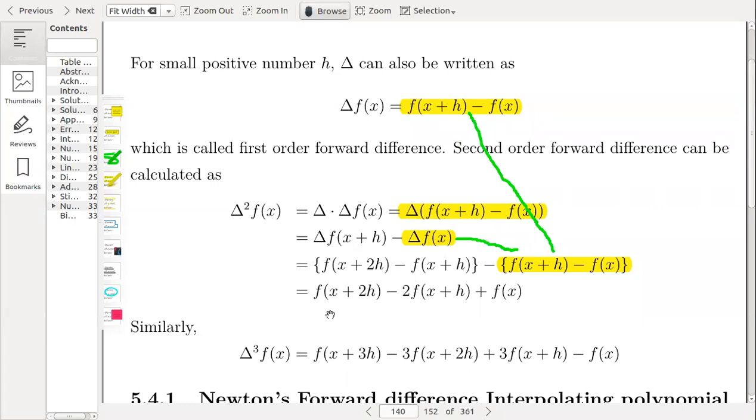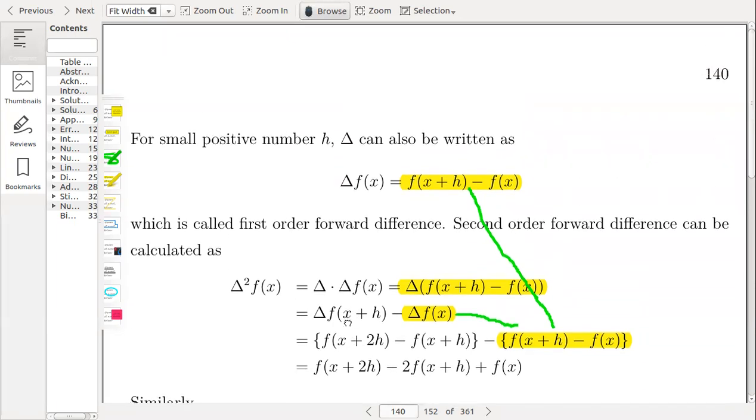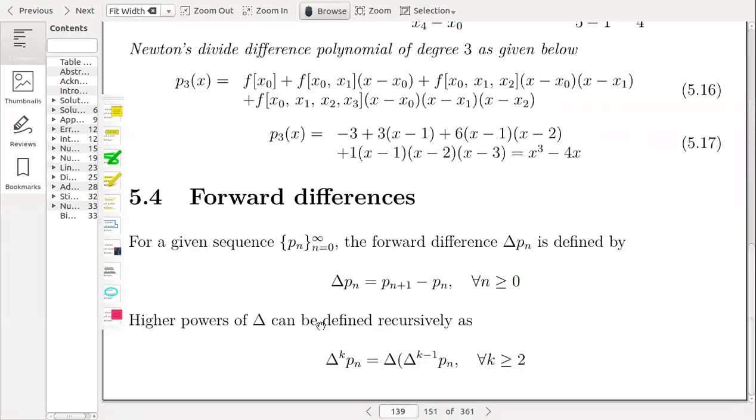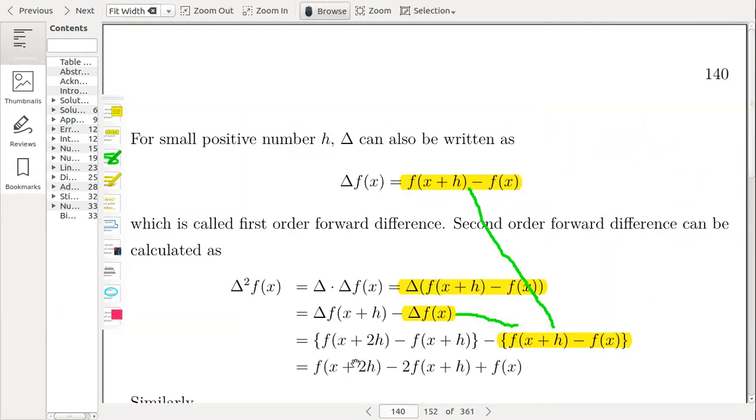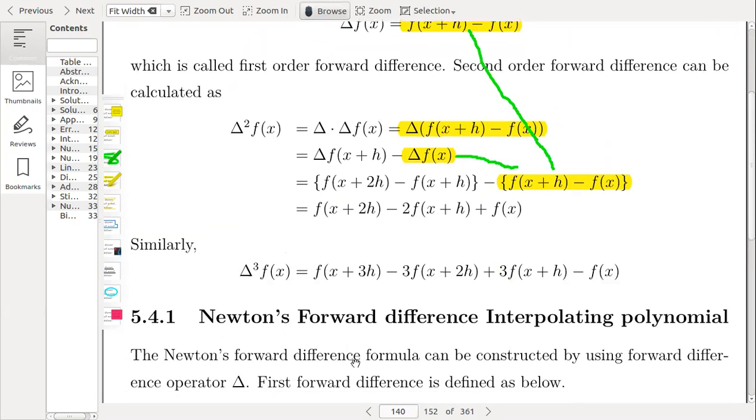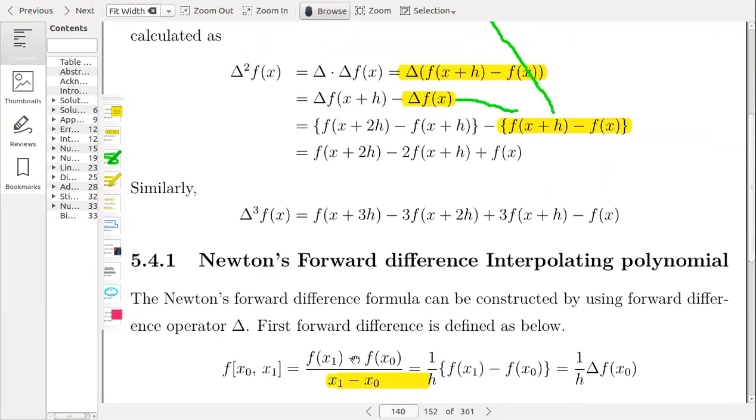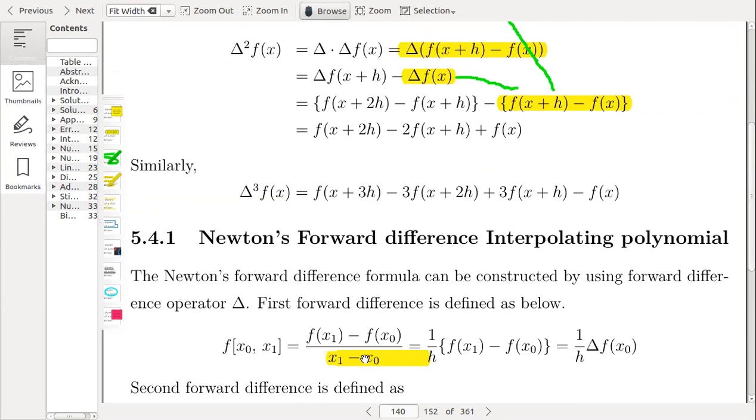If we continue in this way, we can have a general formula like delta k Pn is equal to delta into delta k minus 1 Pn. And now the Newton's forward difference polynomial or formula can be constructed by using this forward difference operator delta.